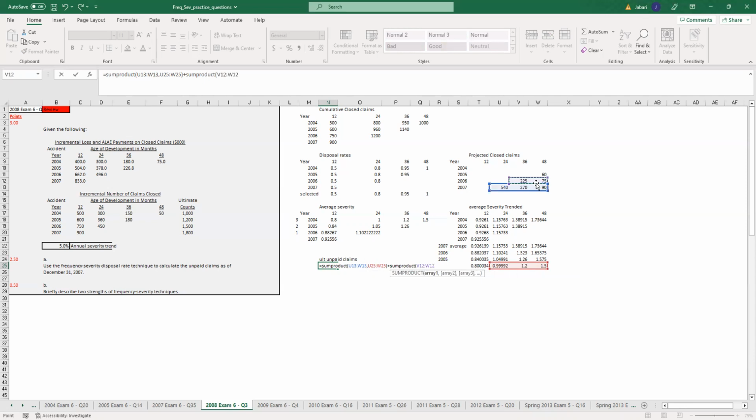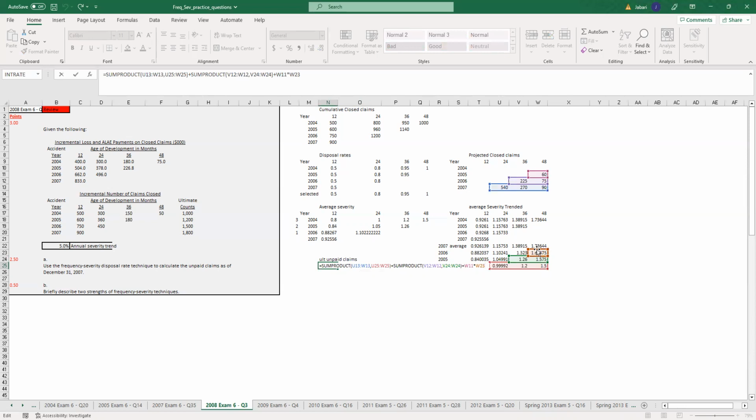Otherwise, you'd have to do it one at a time, which takes more time than you need. And then the last one is multiply together. And I'm realizing I shifted this down one too many.